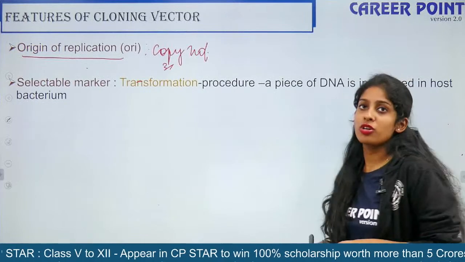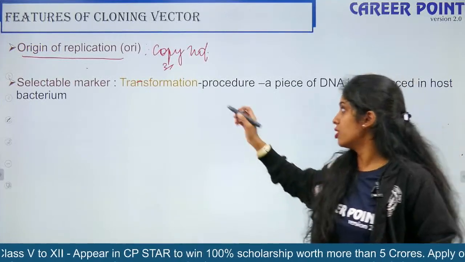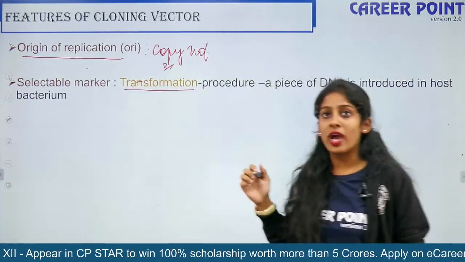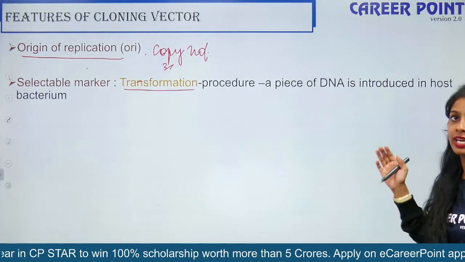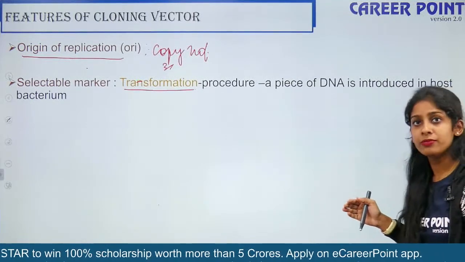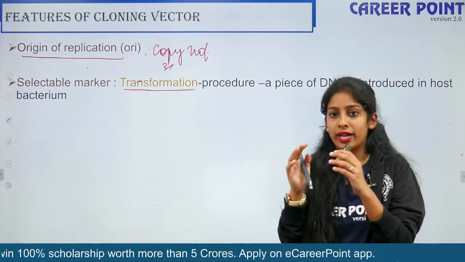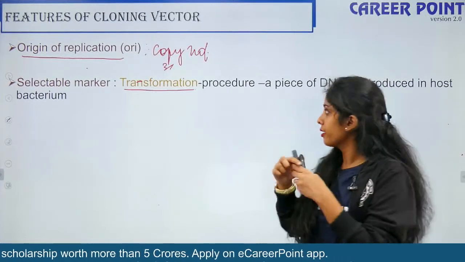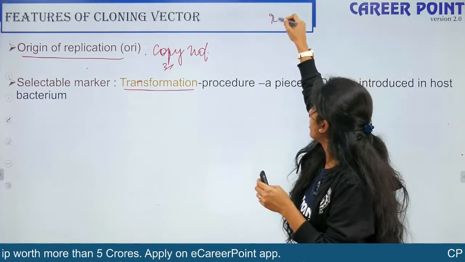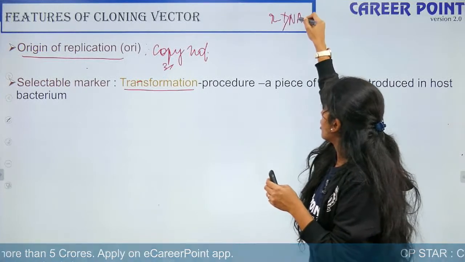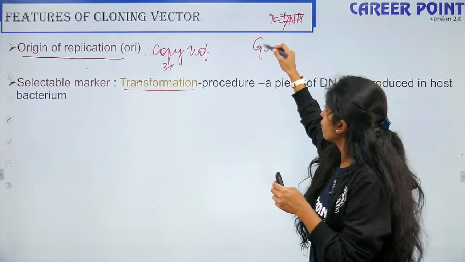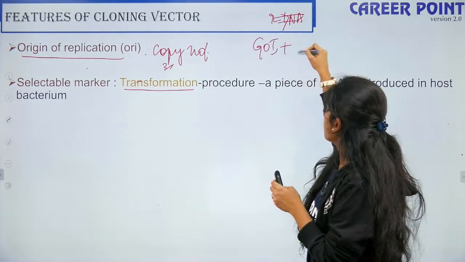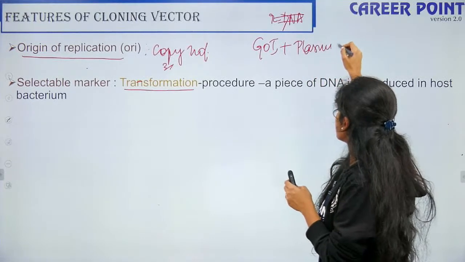Here you have what is called transformation. This is a new process to ensure that your piece of DNA is introduced into the bacterium, that is, into the vector. Now you have your recombinant DNA, your gene of interest, packed with your plasmid.